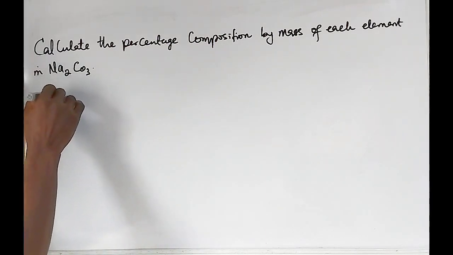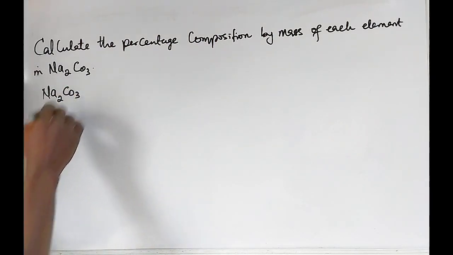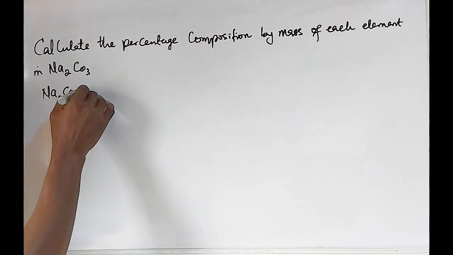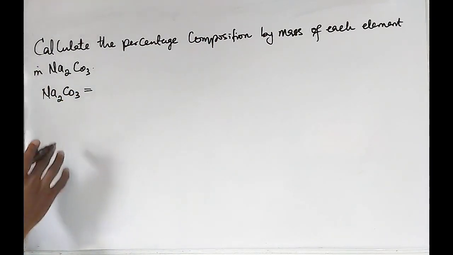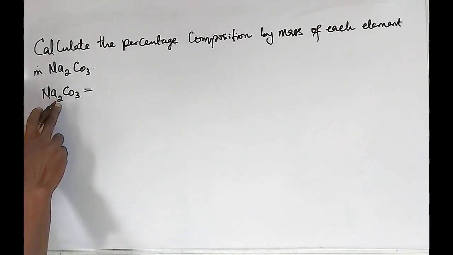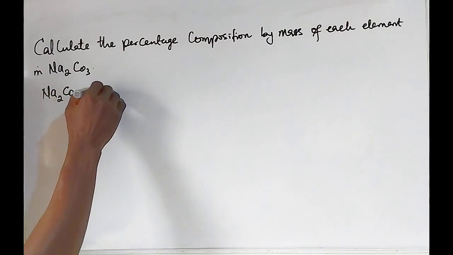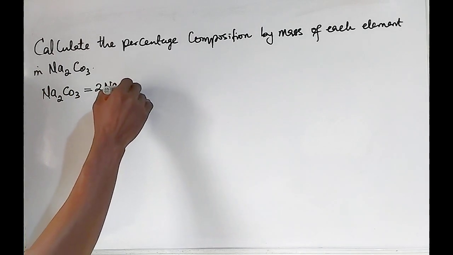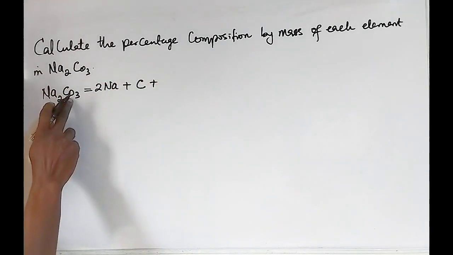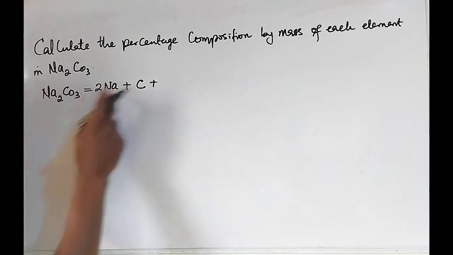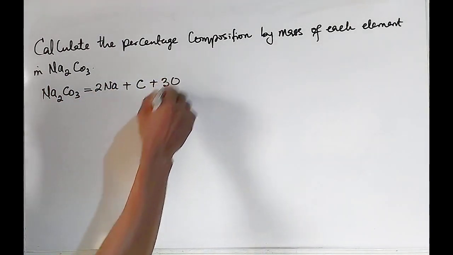Now this is sodium trioxocarbonate(IV). First, we just need to split it. You can see that sodium has two atoms here. So here you have 2 sodium, plus carbon is 1, plus oxygen is 3. So you have 3 oxygen.